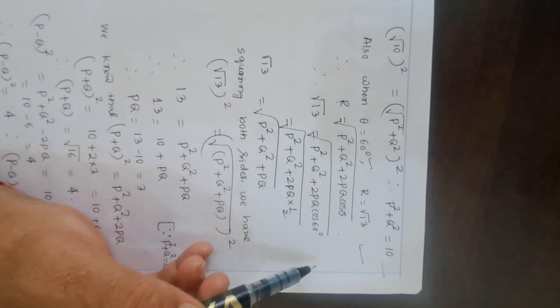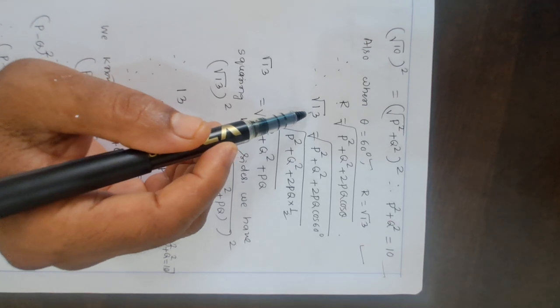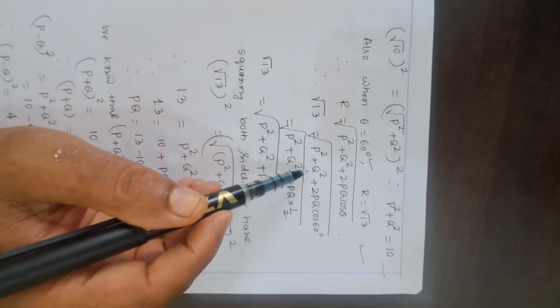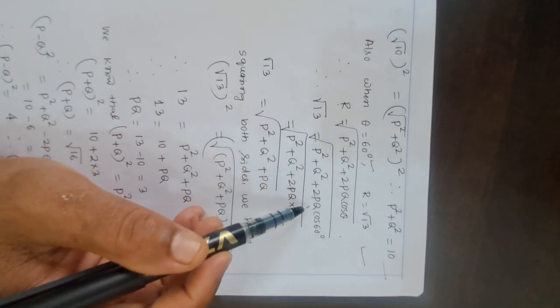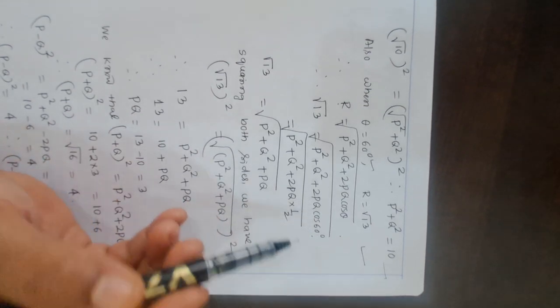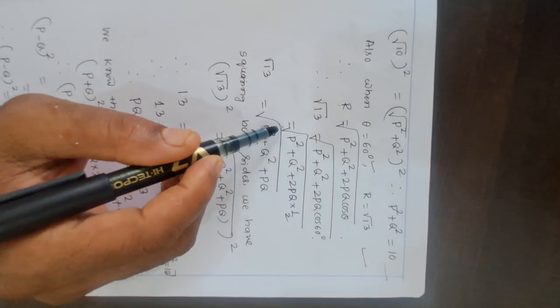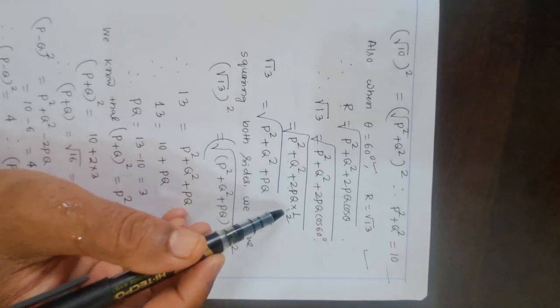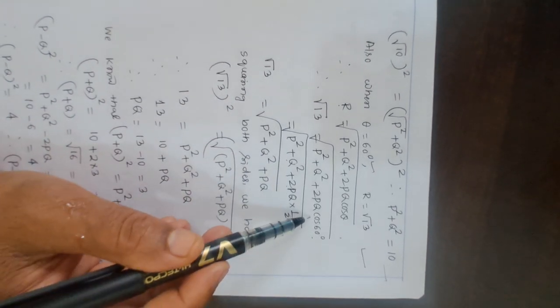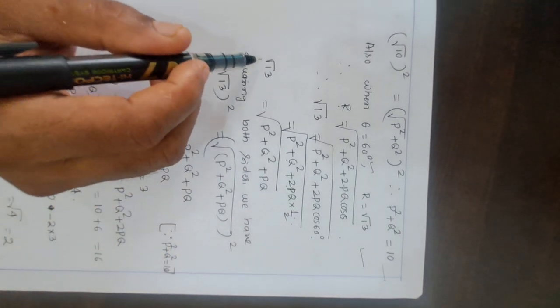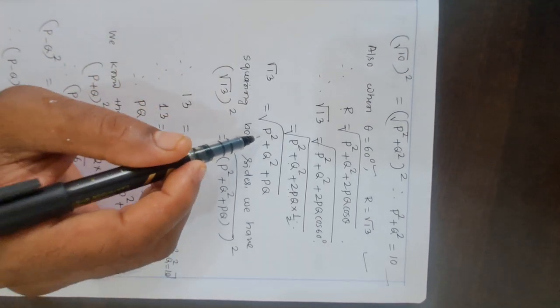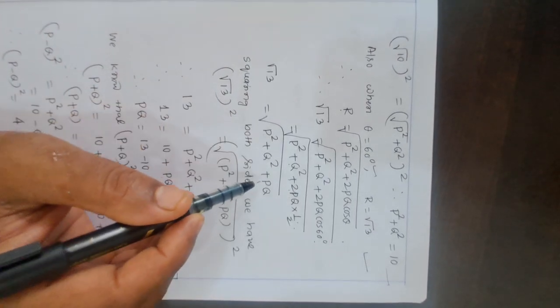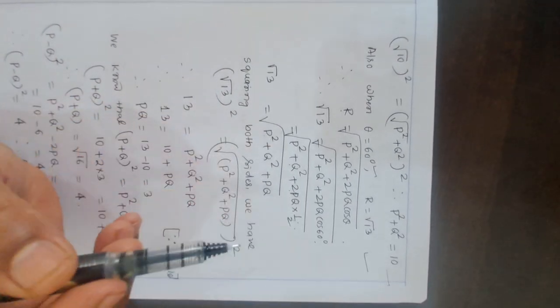After putting, we have root over 13 is equal to root over P square plus Q square plus 2PQ into half, because cos 60 is equal to half. Or root over 13 is equal to root over P square plus Q square plus PQ.